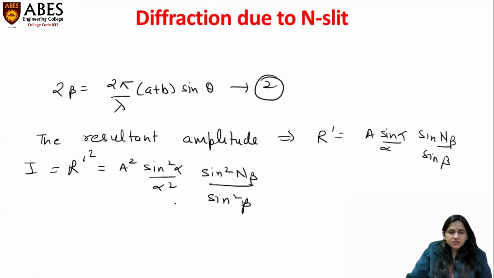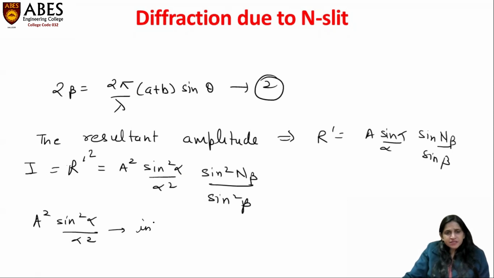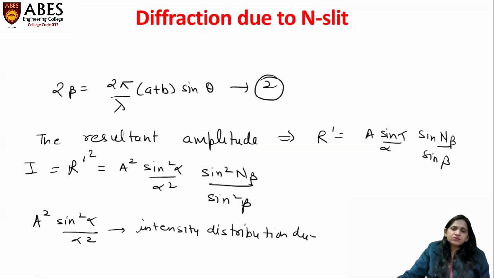So what do these both reflect? See, the first term, A square sine square alpha over alpha square, represents intensity distribution due to diffraction.